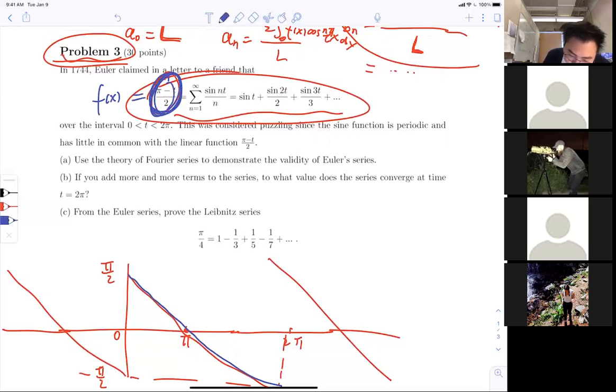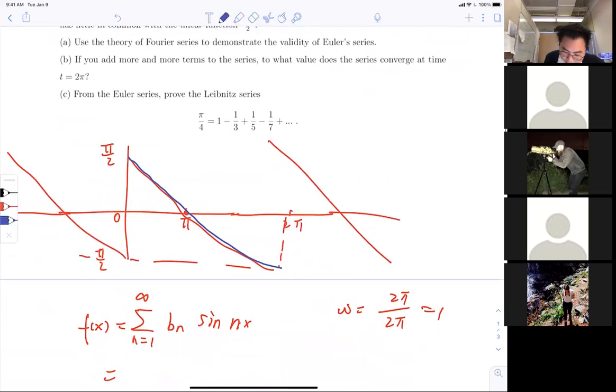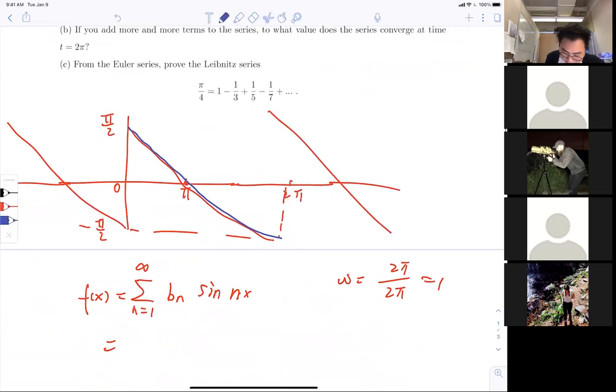Basically, you want to prove this function f(x) has an expansion like this. That's what you want to prove. So we start with the function and do the standard sine expansion. The reason why there's only a sine part is because it's an odd function.